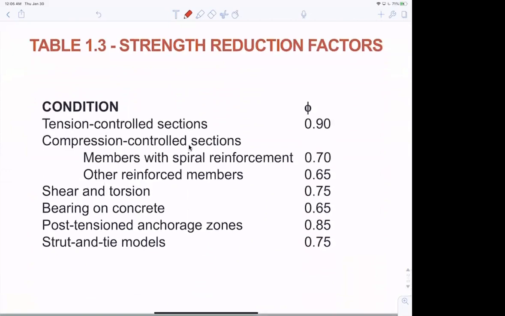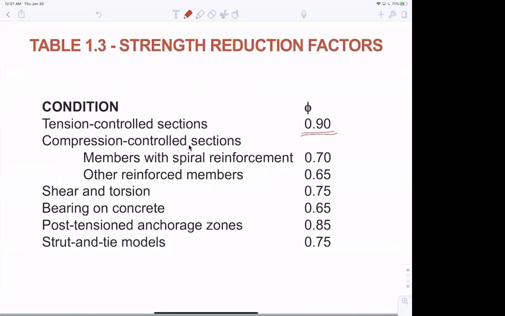And then here are those strength reduction factors. If a concrete member is controlled by tension, it's governed by the steel, because remember the concrete doesn't have tension strength, or it's very low. So the tension strength comes from the steel. Typically tension controlled sections are governed by steel, and steel is much more reliable than concrete, so you have a very high reduction factor.